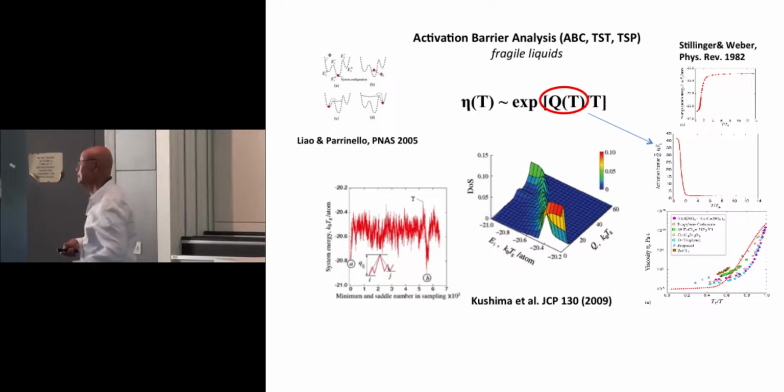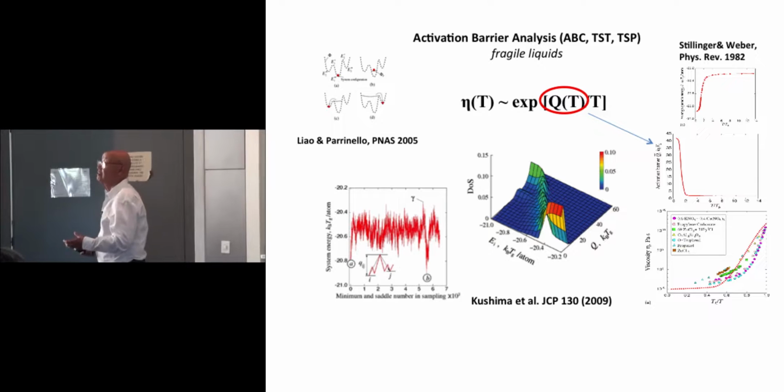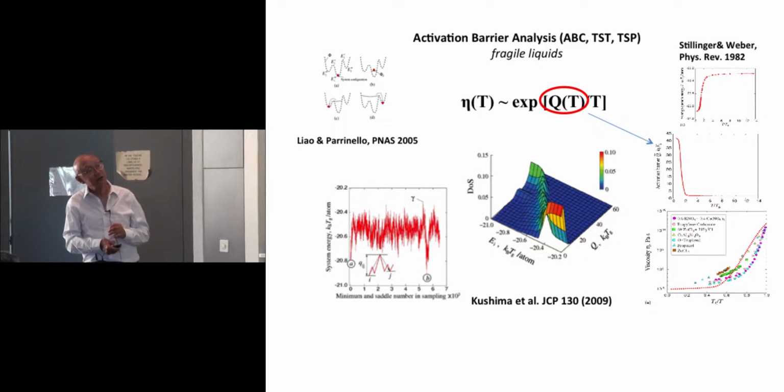But remembering now that the glass transition is not only just dynamics, it's also thermodynamics. In the early days, Stillinger and Weber had talked about the so-called inherent structure. And that's supposed to be applied to liquids, about the underlying energy level of the liquid. So if you take that seriously and take it to the supercooled liquid, you can now incorporate this thermodynamic information and come up essentially with this activation barrier. So this activation barrier Q of T, which is the quantity here, is very simple. At high temperature, it's very low activation.